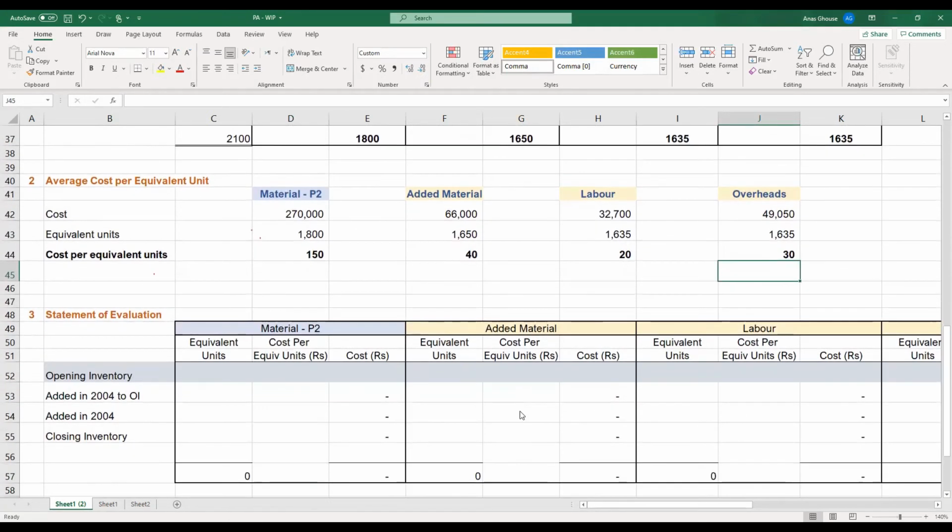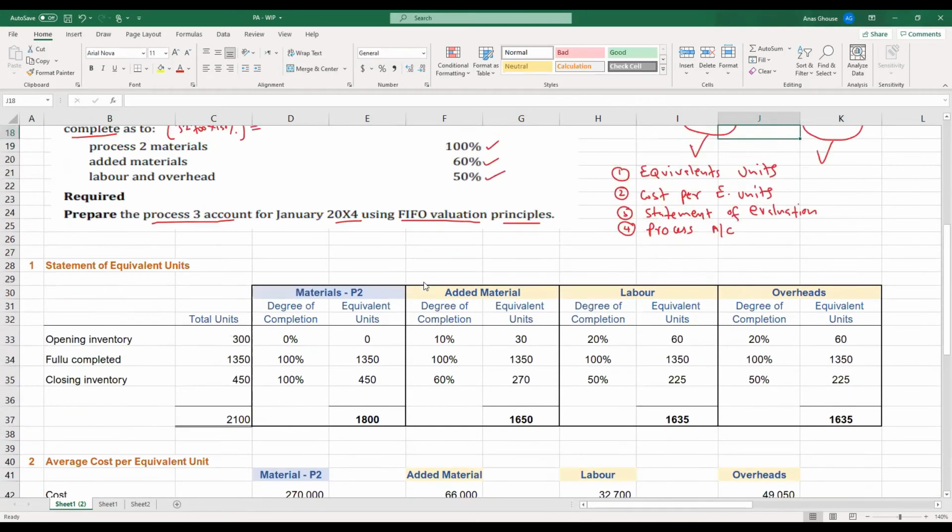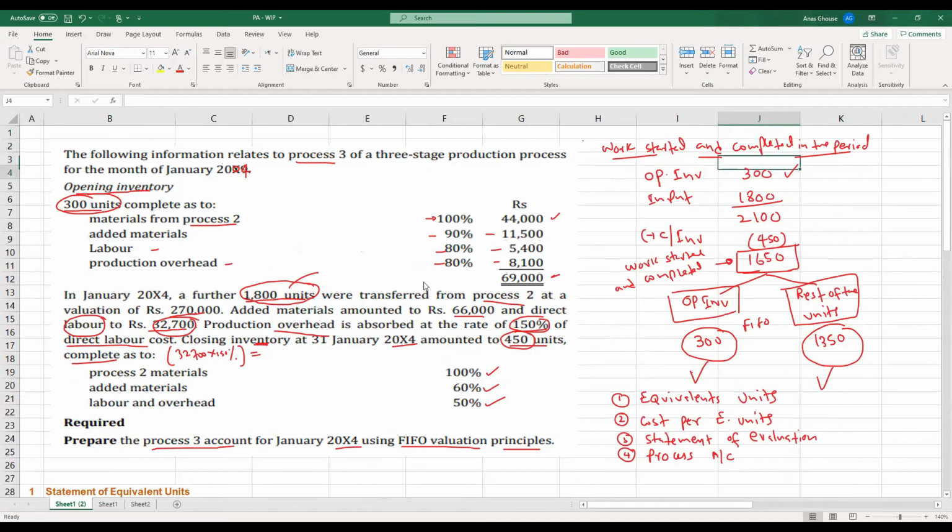Then the third step is the calculation of the statement of evaluation, or the calculation of the total cost. Since you are given the opening inventory, you are given the brought forward cost from process 2.